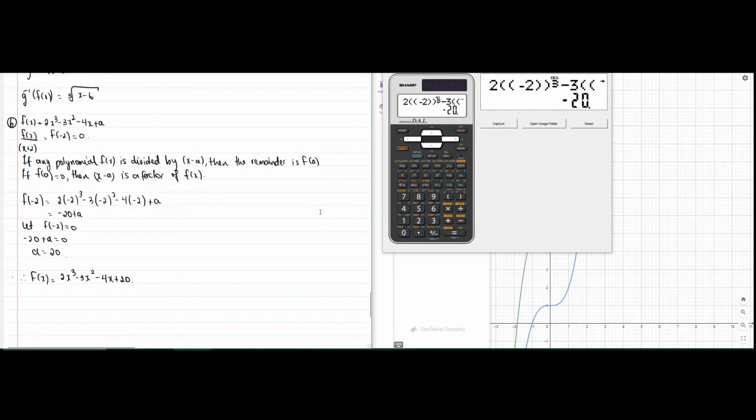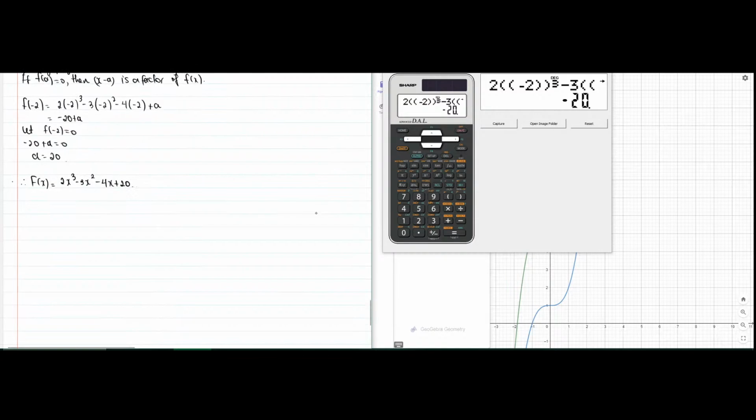Part C. Solve the equation so by so is equal to so by so. That's 3 to the power 2x minus 9 into 3 to the minus 2x is equal to 8.